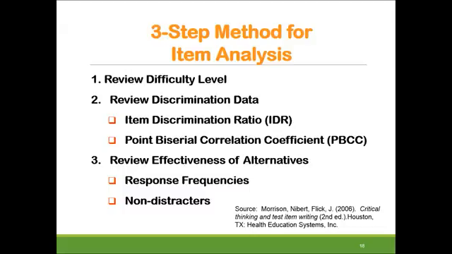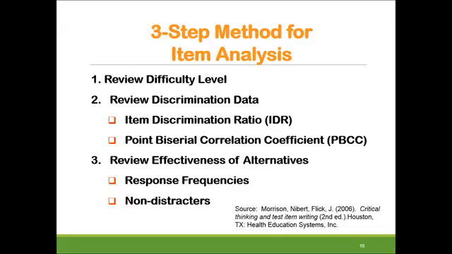So reviewing the difficulty level is the first step. Looking at the discrimination data that you have at hand, either the IDR or the point biserial, would be the next important step to determine if you've got items that are indeed helping you determine which students really know their stuff and which ones do not have a good handle on the material at all.